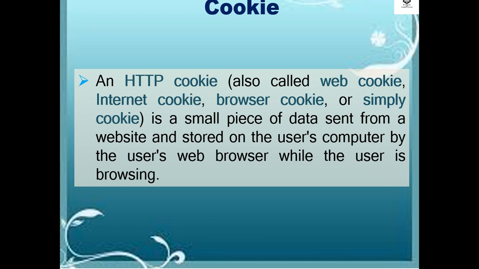An HTTP cookie, also called web cookie, internet cookie, browser cookie, or simply cookie, is a small piece of data sent from a website and stored on the user's computer by the user's web browser while the user is browsing.